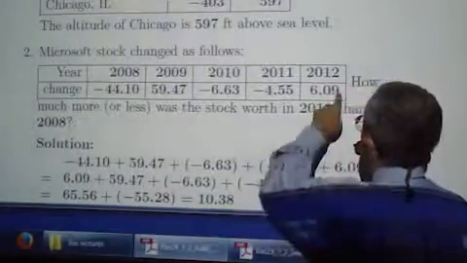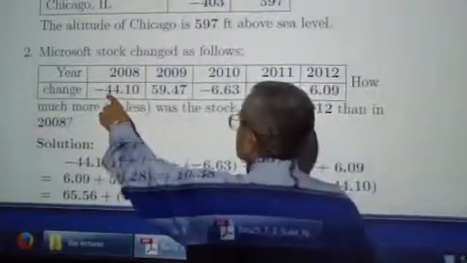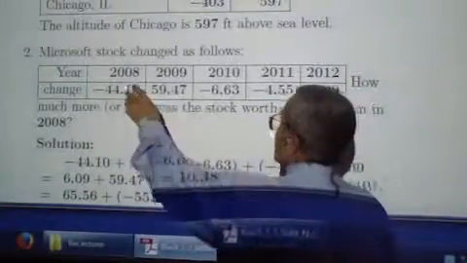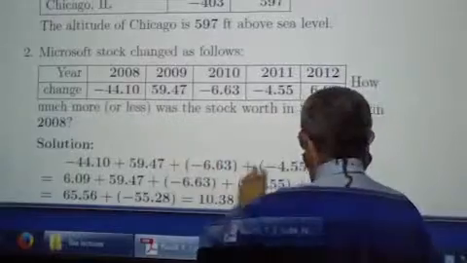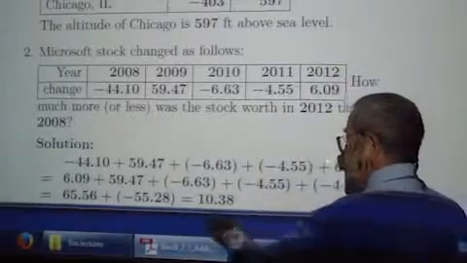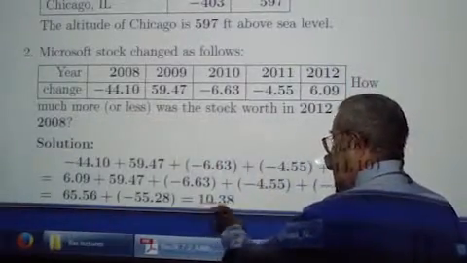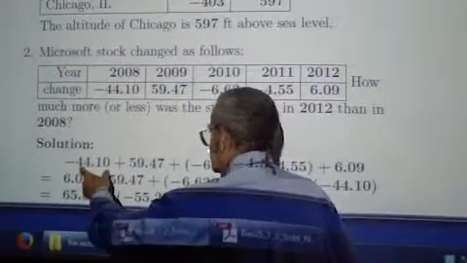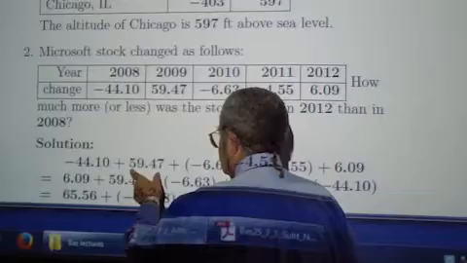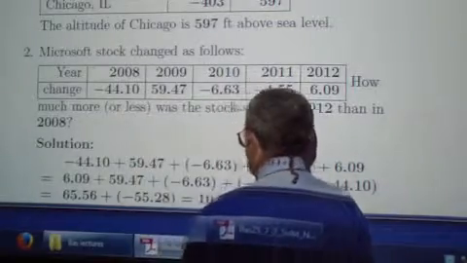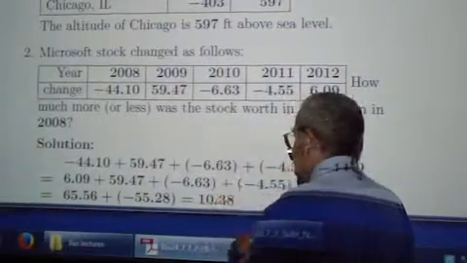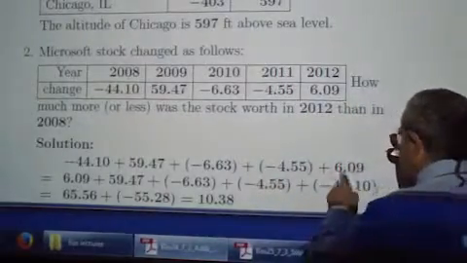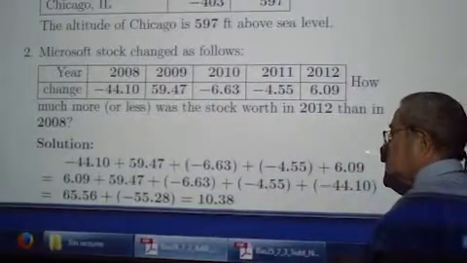So I guess this is at the beginning of 2008. This is the end of 2012. You add up all of these numbers, and you are supposed to get $10.38. So negative 44.10 plus 59.47 plus negative 6.63 plus negative 4.55 plus 6.09.